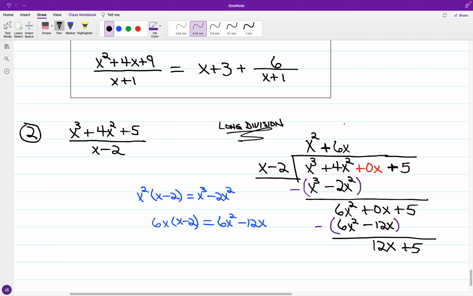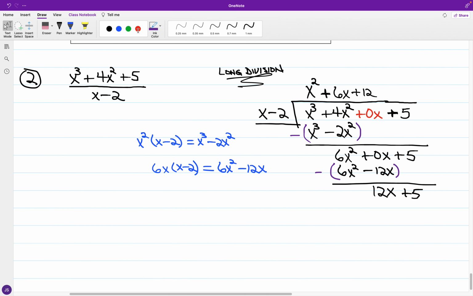I can now take x into 12x, and this will go 12 times. Again, just on the side here, so I got 12 times the quantity of x minus 2. Okay, so 12x minus 24.